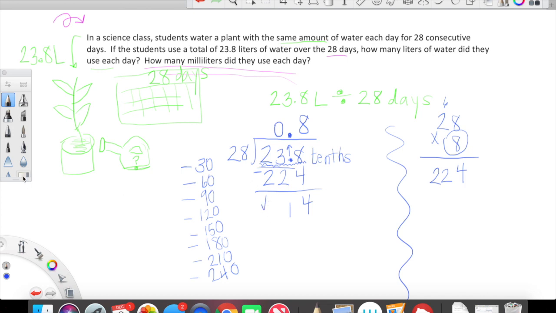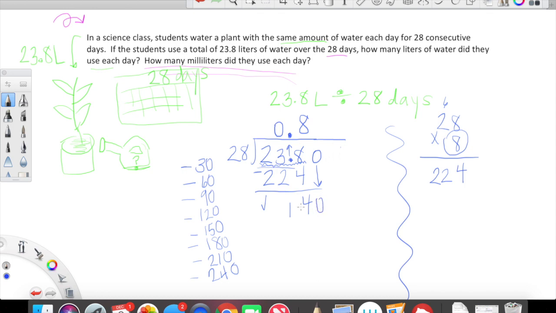Now I'm going to erase that tenths because we have a remainder and the game continues. We're going to have to put a little addition on the roof. We're going to document the fact that there are 0 hundredths in 23.8, and then we're going to bring our 0 down.